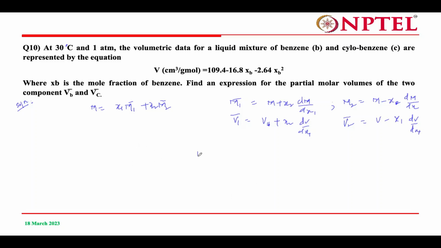So you will get Vb equal to 92.6 plus 5.928 xb plus 2.64 xb square, and Vc equal to 109.4 minus 2.64 xb square, right?